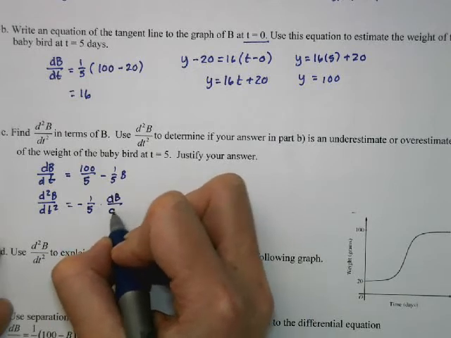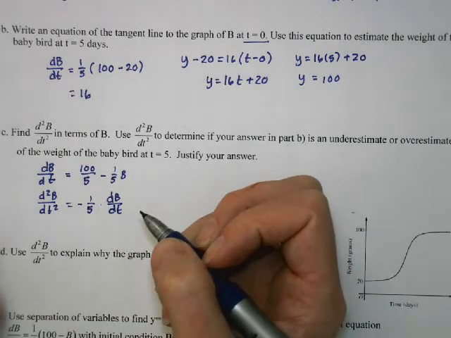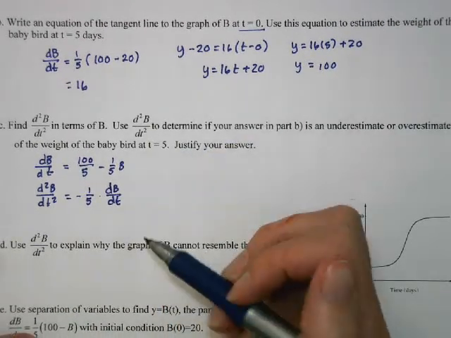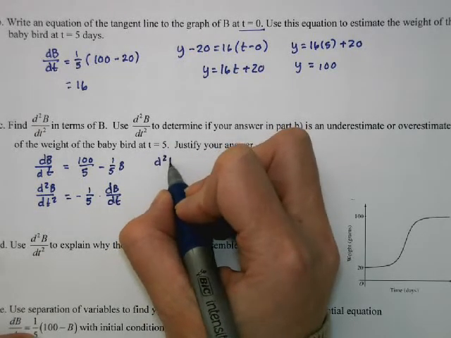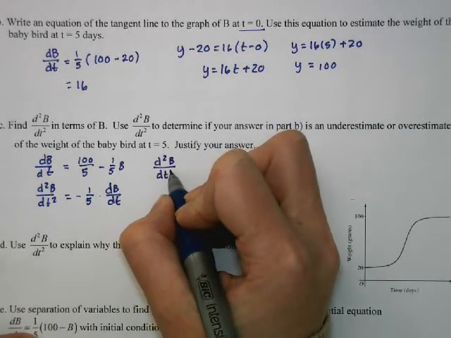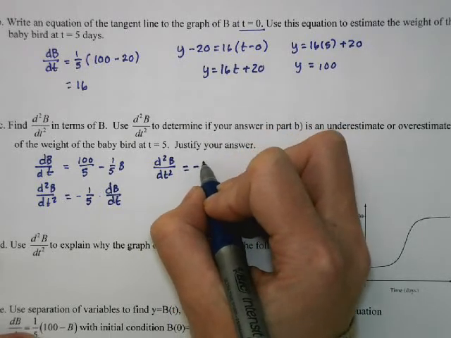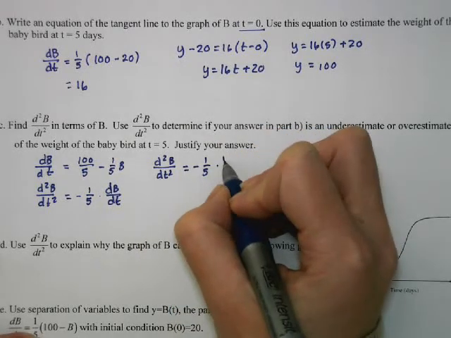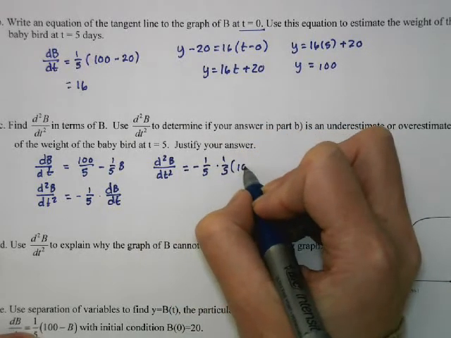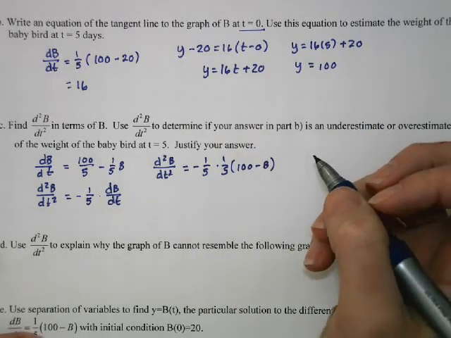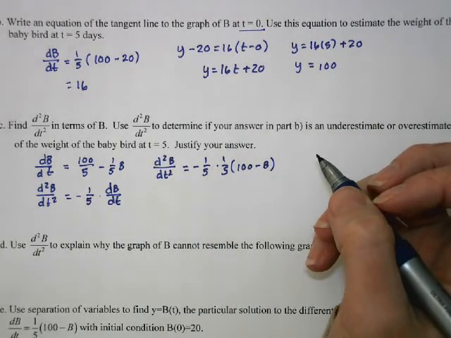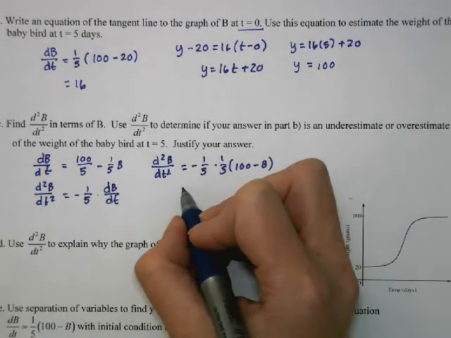Okay, so the chain rule never goes away. So now this is going to be negative 1/5 of 1/5 (100 minus b). Go ahead and simplify that a little bit.